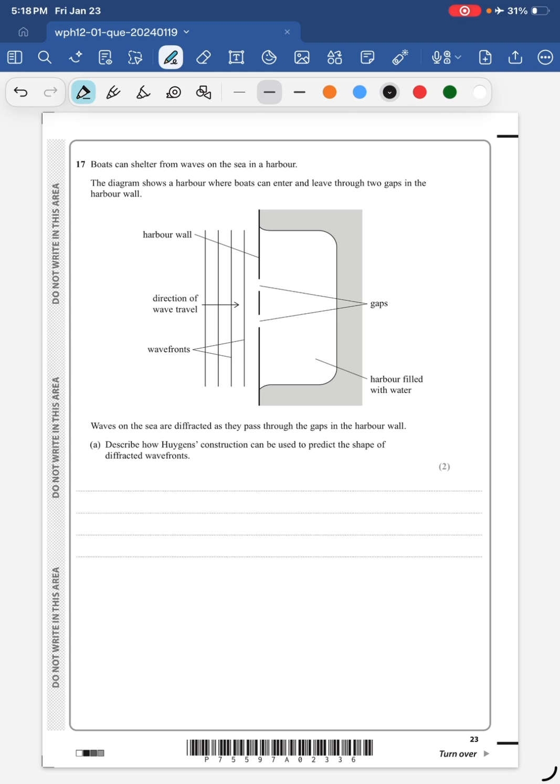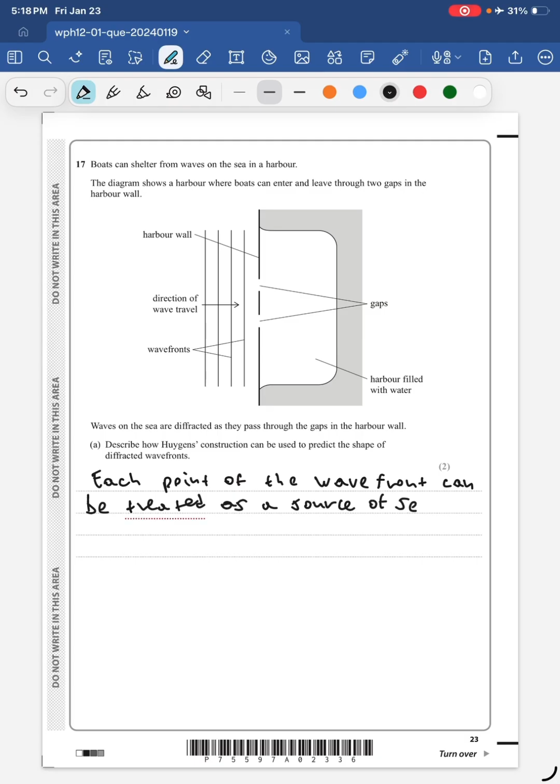So this is the Huygens construction: each point of the wavefront can be treated as a source of secondary waves.